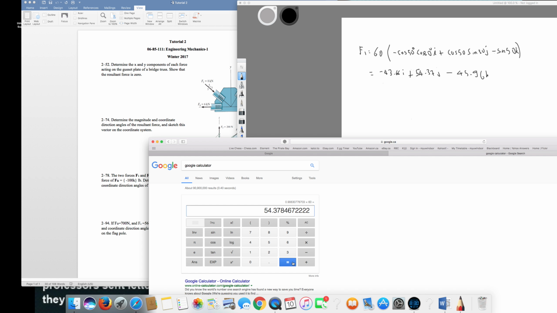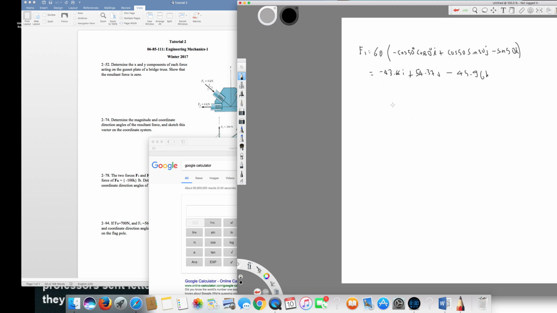Okay, that's right. And for the last one, first of all let's calculate minus sine 50, and this is this value, and multiply by 60 is going to be minus 45.96. Okay, we are right.